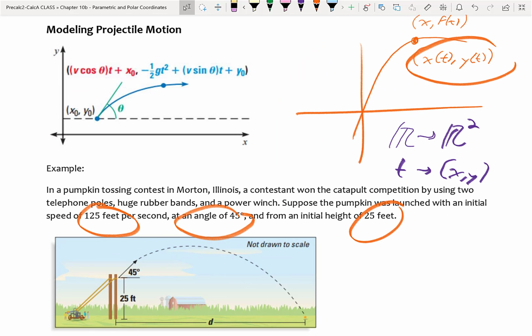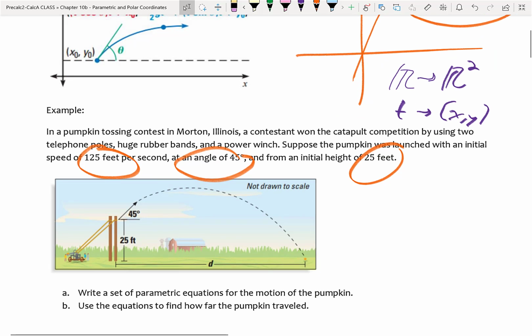Now, to get this function completely correct, I want to do a few things with this. It says write a set of parametric equations for the motion. And it says it's launched with an initial speed of 125 feet per second. Now, that initial speed of 125 feet per second is at an angle, this angle of 45 degrees.